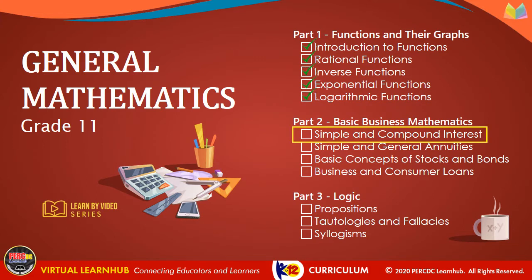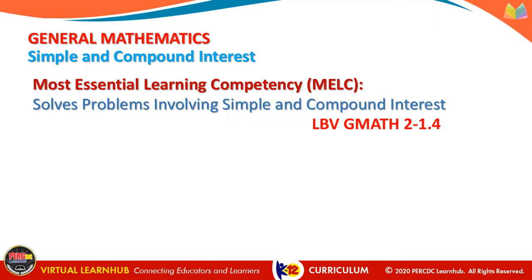This is still under Part 2, Basic Business Mathematics, of our General Mathematics for Grade 11 Senior High School Students series. Our targeted most essential learning competency solves problems involving simple and compound interest.